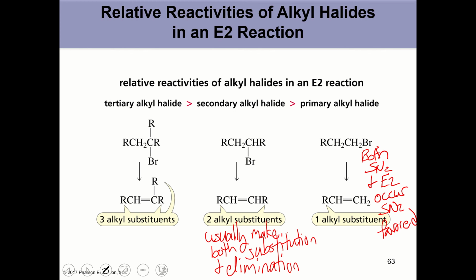Then for the primary alkyl halide, SN2 is going to be favored over E2. So a primary alkyl halide will favor an SN2 substitution reaction and only a minor amount of elimination occurs.